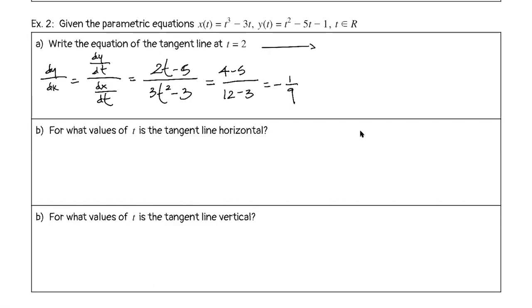So I get y minus something equals negative 1/9 times x minus something. I'll give you a moment to find your x and y values that correspond to t equals 2, and then let's fill them in.